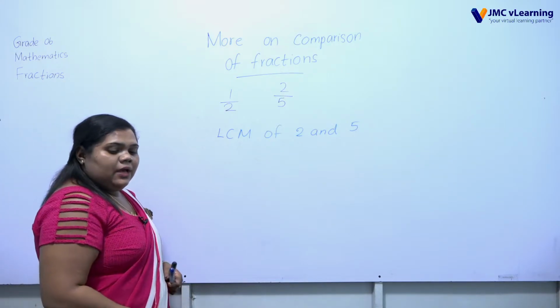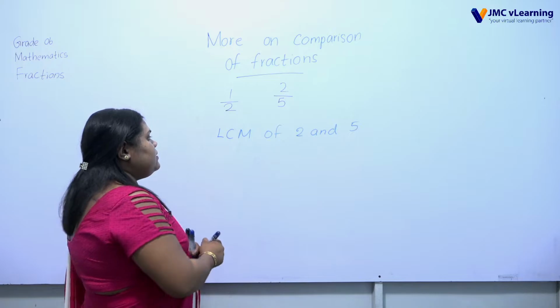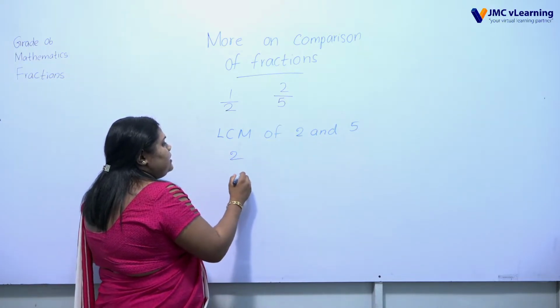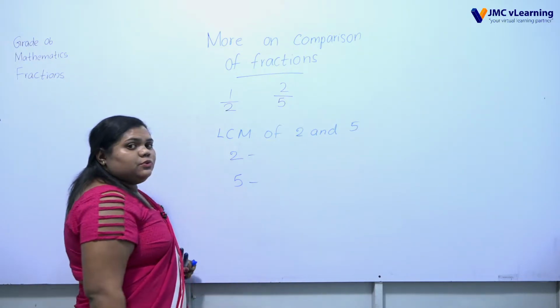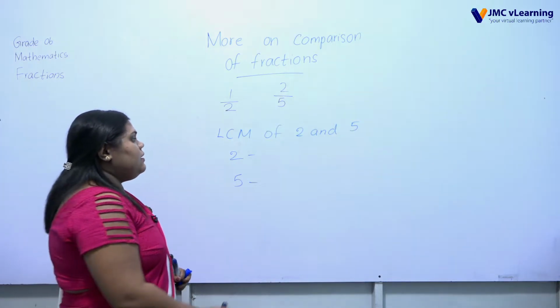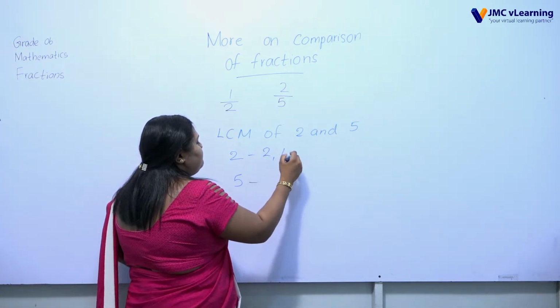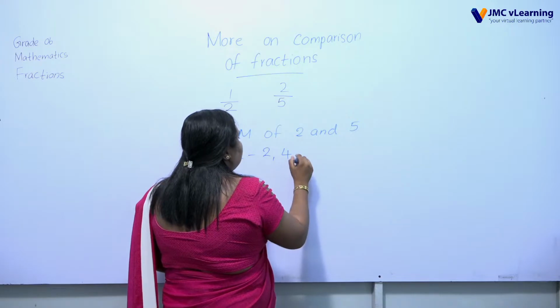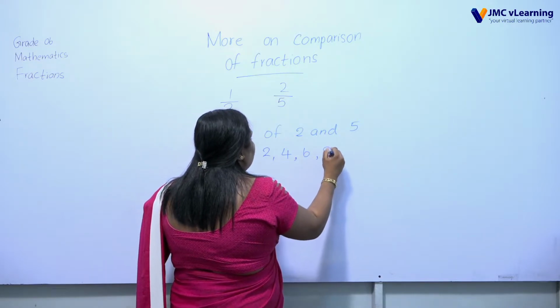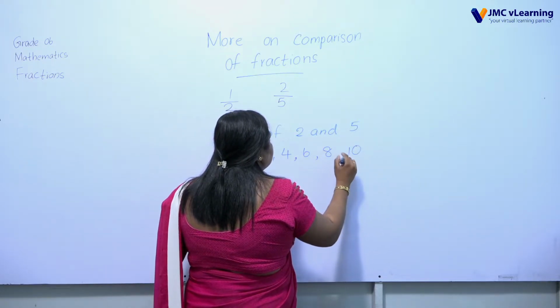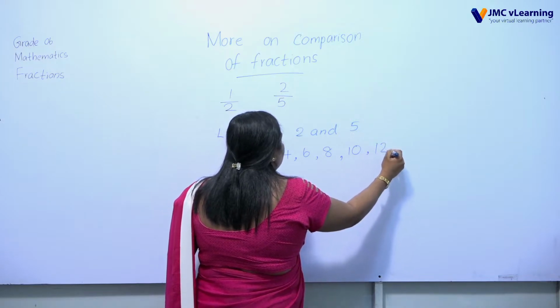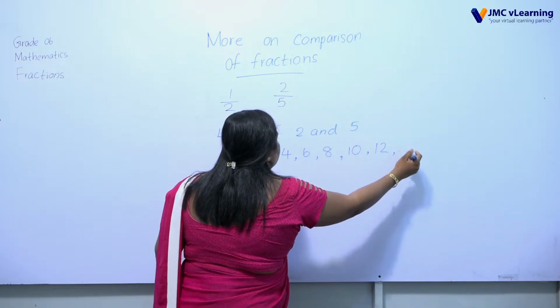I think you have already learned those things. To find the LCM, you can write the multiples of 2 and 5. 2, 4, 6, 8, 10, 12, like that.